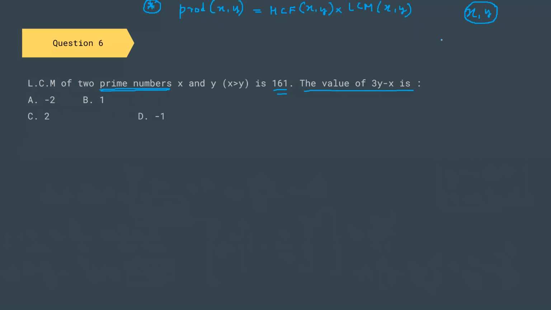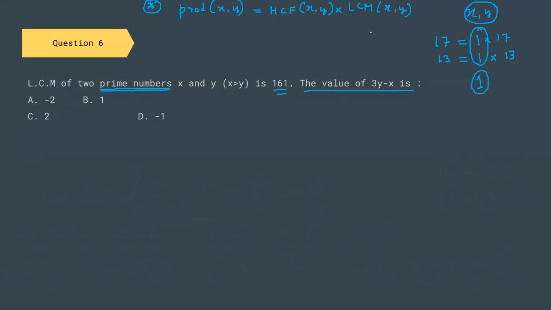So let us take some example of prime numbers. So we have 17 and we have 13. So the factors of 17 are 1 and 17, and the factors of 13 are 1 and 13. So from this situation, we can see that the HCF between these prime numbers is 1.